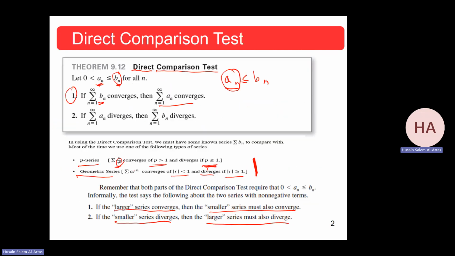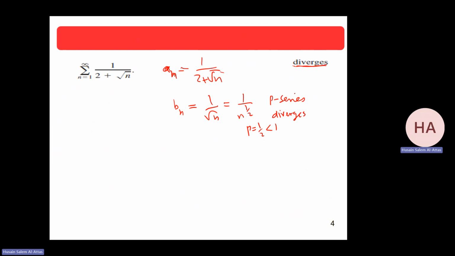If it diverges, what I shall do is bring another sequence which is smaller than my original sequence. So I need to do 1 over square root of n less than this.